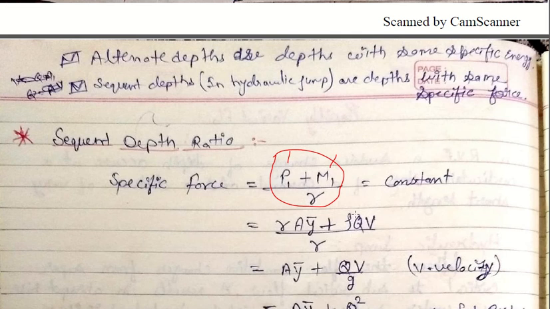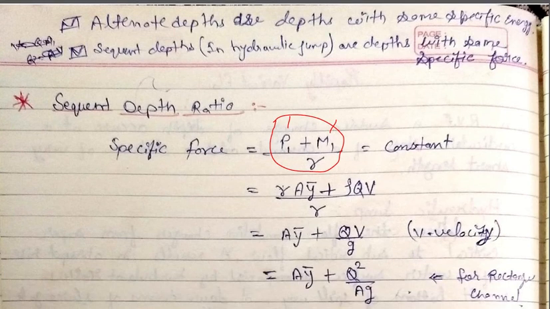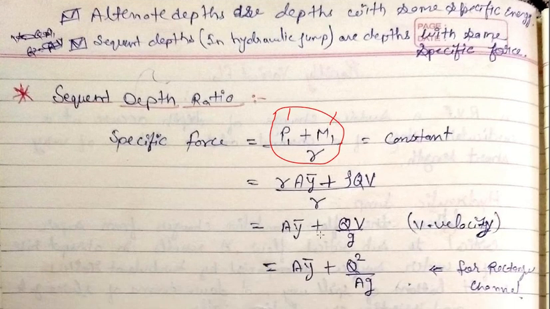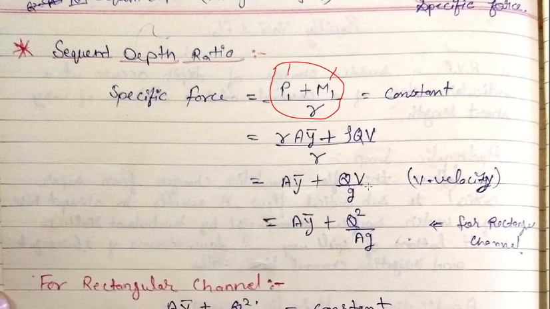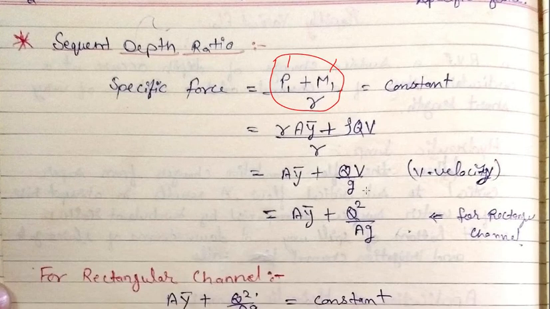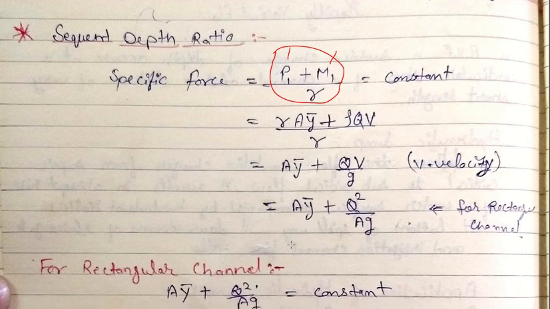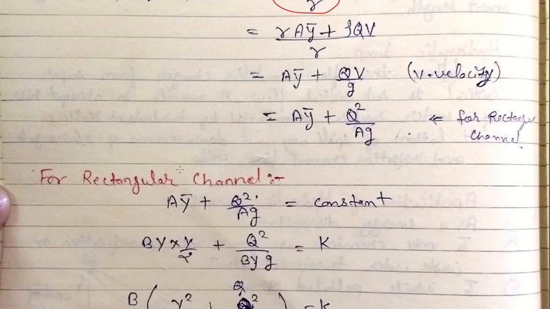So cancel the gamma and it will give A y bar plus QV by g. Here V is the velocity, and V is discharge upon area, so it will be Q square by A g. Now suppose we have a rectangular channel of width b and depth of flow y.